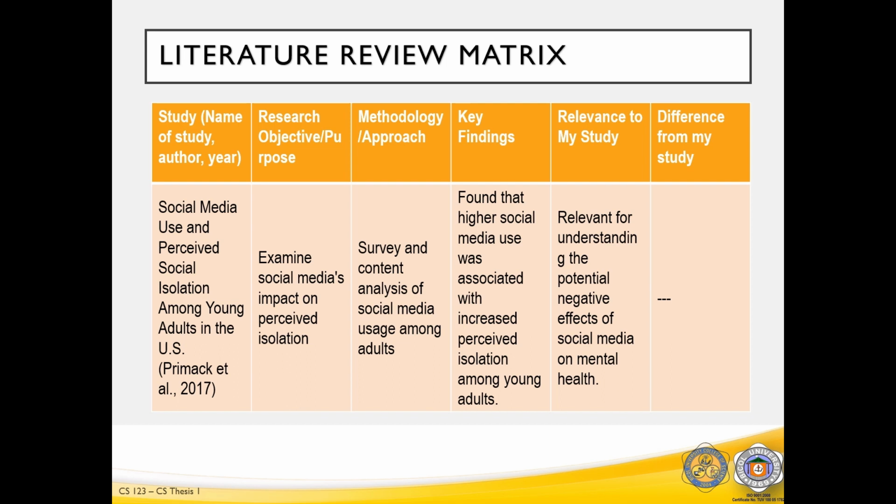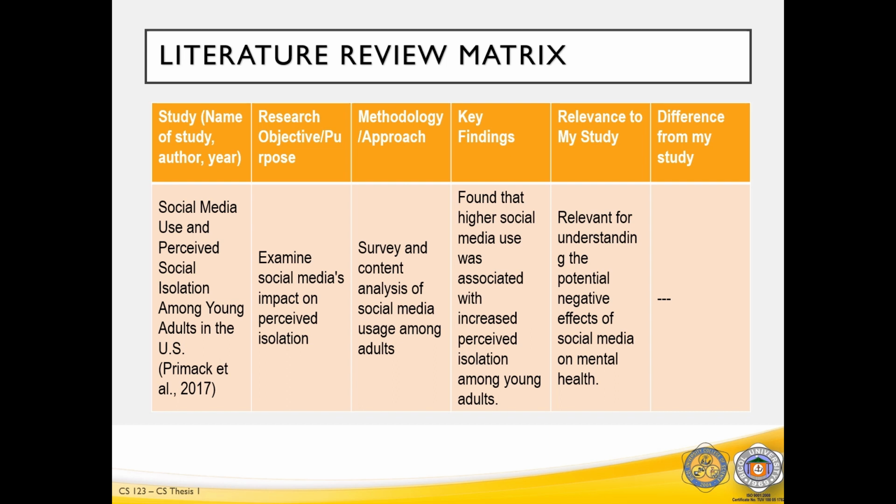We have here an example, but this is not related on computer science. This is more on a social science research. But you'll get the idea. Then you indicate the key findings. Then you should discuss the relevance of this study to your study, and as well as the difference.